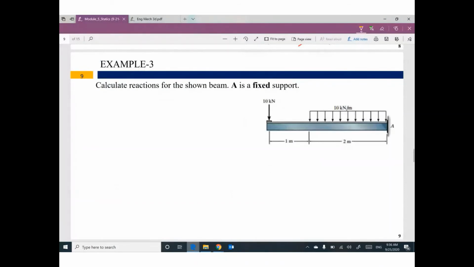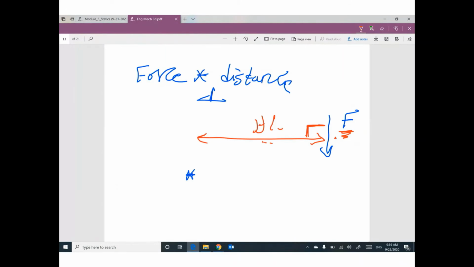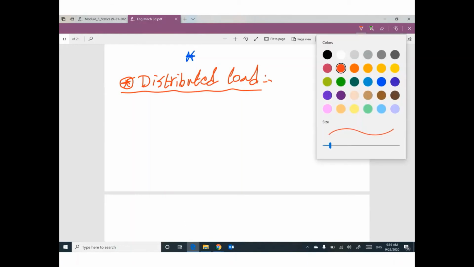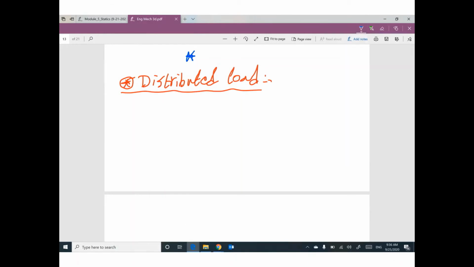Okay. Guys, sometimes we have a kind of load called distributed load. Actually, we have different types of distributed load, but in this course, I'm going to focus only on uniform distributed load.